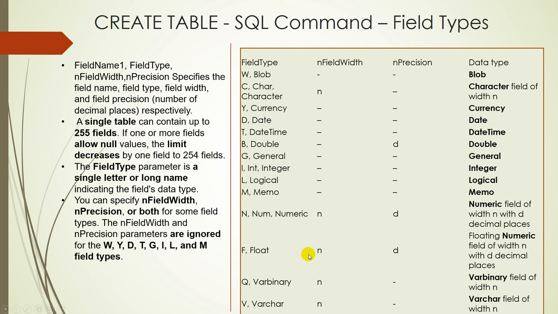Float for a floating number, and Q and V for variable char or variable binary fields. So you can easily find these types in each DBMS to define the fields.